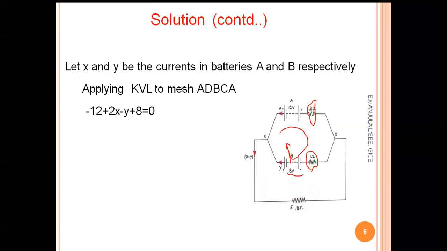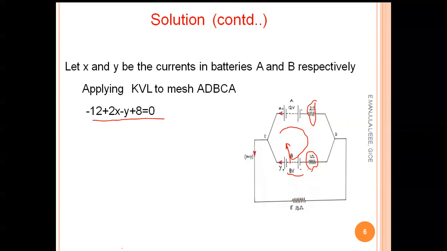Minus y means minus 1 into y, because it is 1. So minus 12 plus 2x minus y plus 8 is equal to 0.